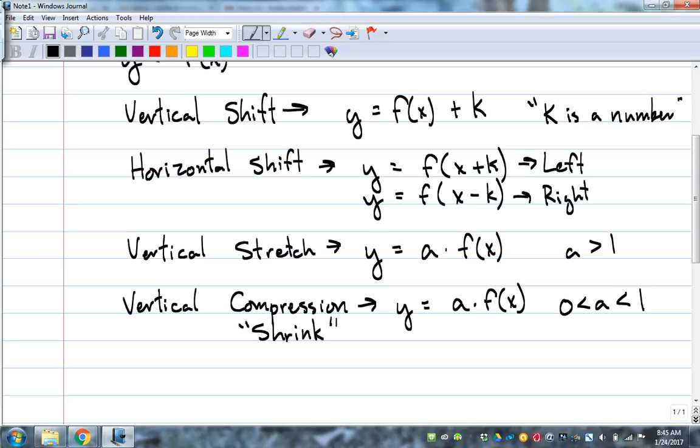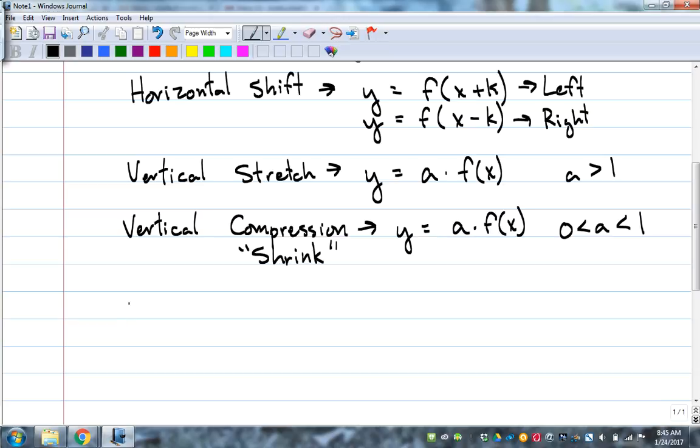Okay, so like 1/2. If you half all of the y values, it's going to make it shorter. Right. So if you had a table of values and you halved all of the y values, you would compress the graph. You'd make it shorter. Okay, that's a vertical compression. So it looks the same as a vertical stretch, but the size of that number in front is what decides if it's a stretch or a shrink. Big number, stretch. Small number, shrink. Okay, small number is a small fraction or decimal.